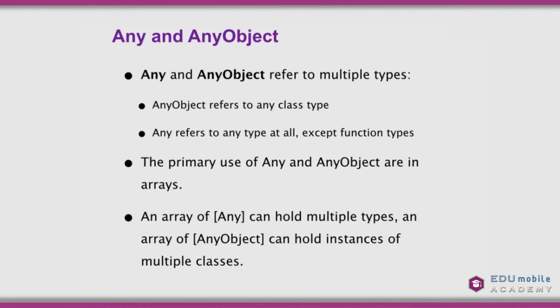However, again, the primary use of Any and AnyObject are in arrays. An array of Any can hold multiple types, and an array of AnyObject can hold multiple different instances of multiple classes. So this makes an array look something like an NSArray in Objective-C, let's say.